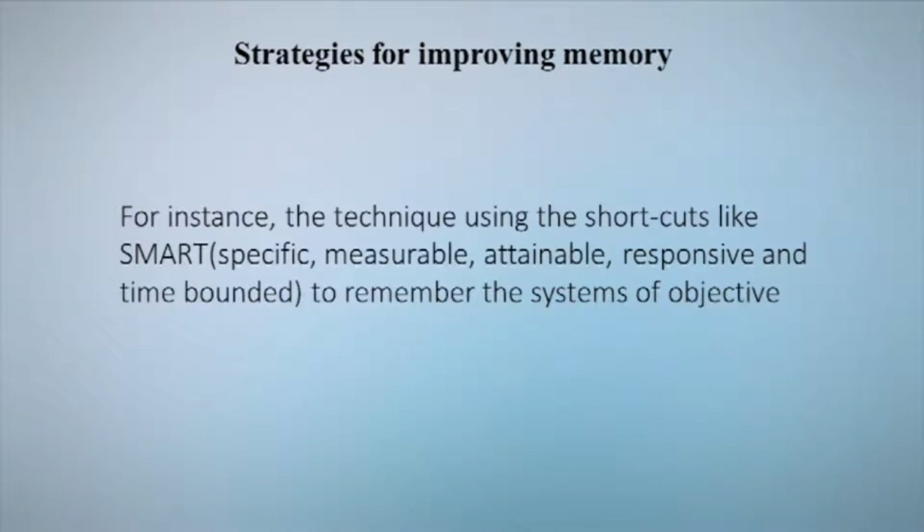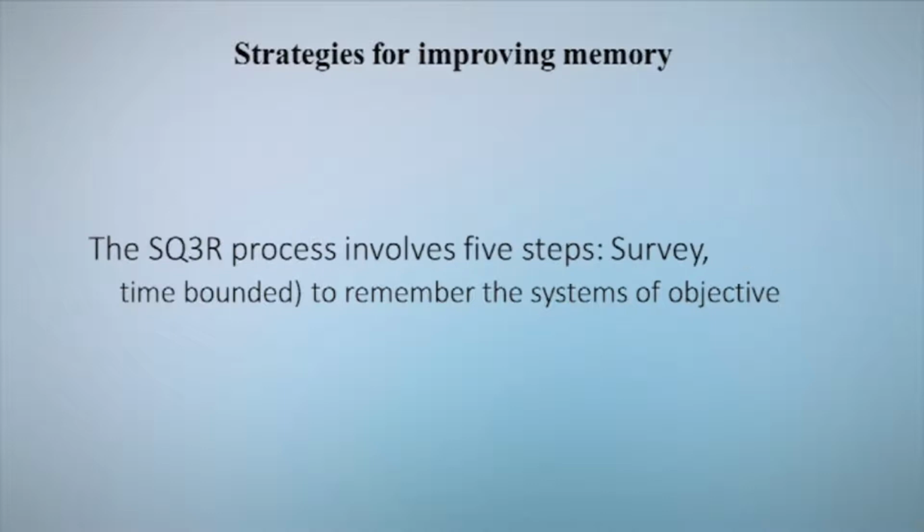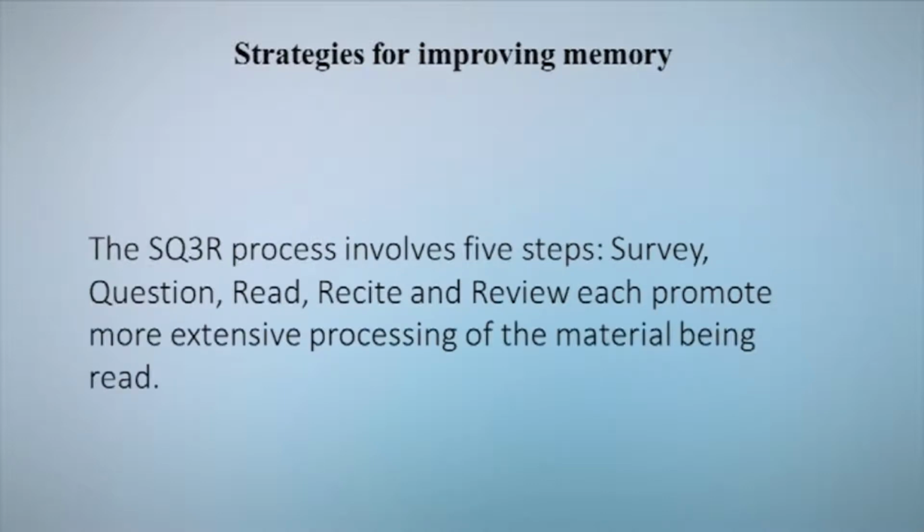For instance, the technique using shortcuts like SMART: specific, measurable, attainable, responsive and time-bound, to remember the elements of an objective. The SQ3R process involves 5 steps: survey, question, read, recite and review. Each promotes more extensive processing of the material being read.